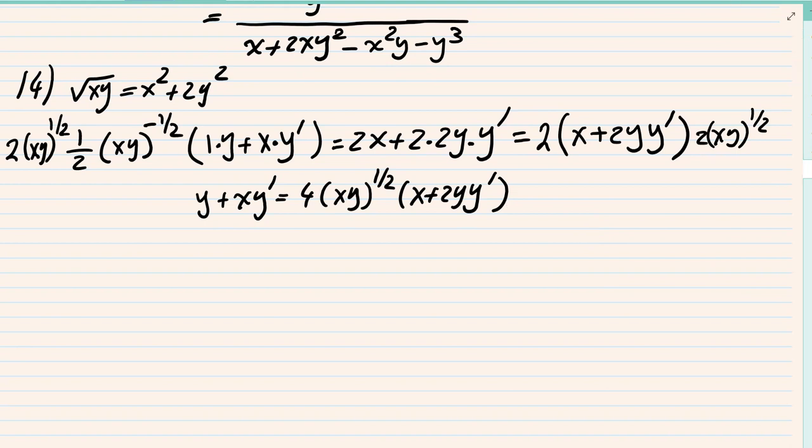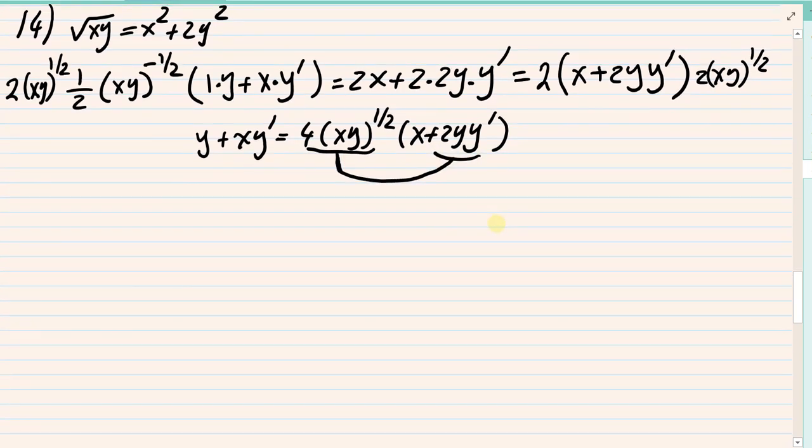So to do that, I'm going to have to distribute this expression to the second term of the binomial because it has y prime, and then move it to the other side at the same time, and bring y to the other side, to the right side.